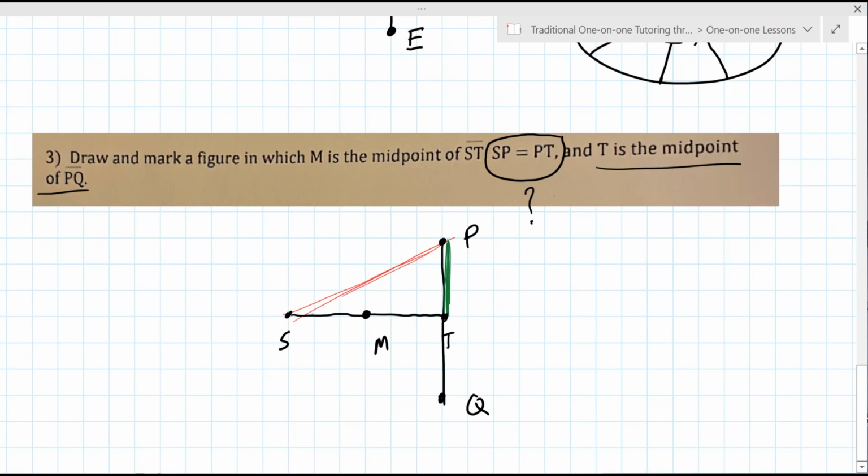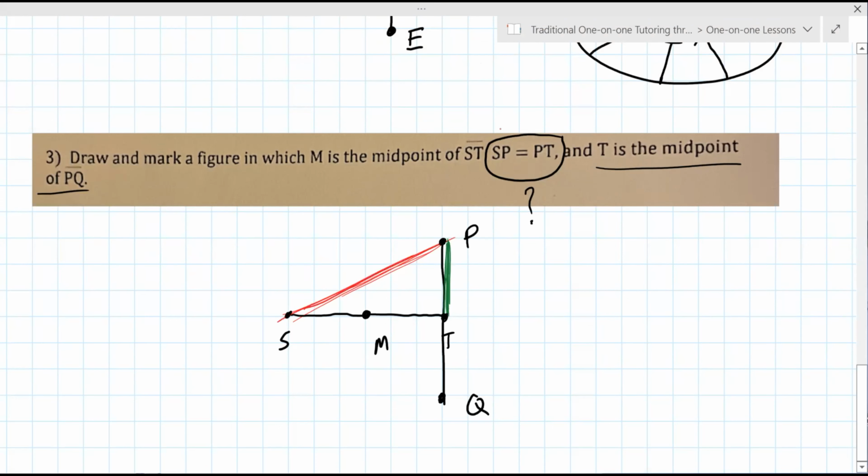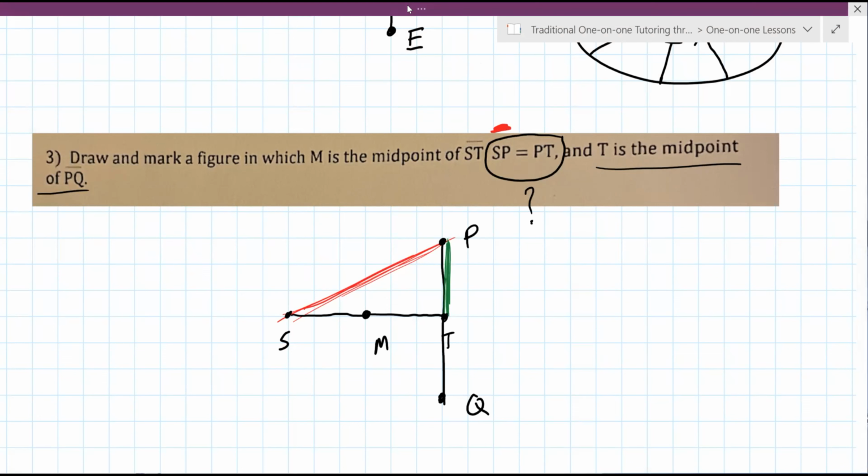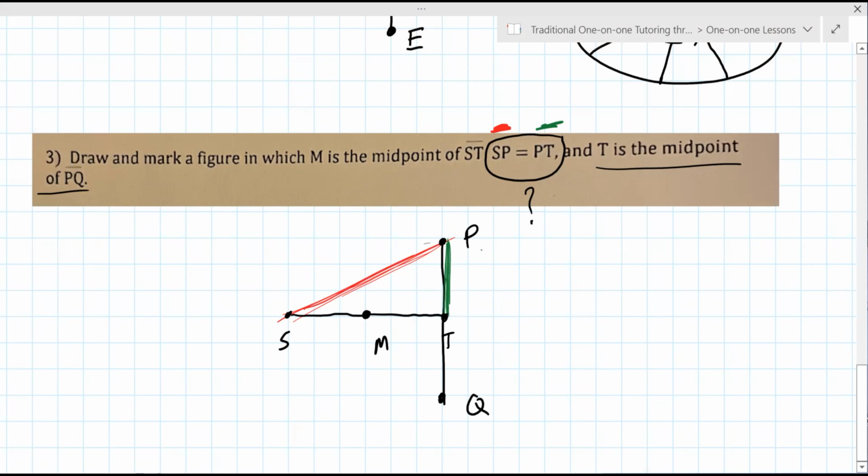SP is really long and PT is really short. And this is really the challenge of this class. Is this like algebra? No, this is like geometry. Until someone tells you, you just have no idea.